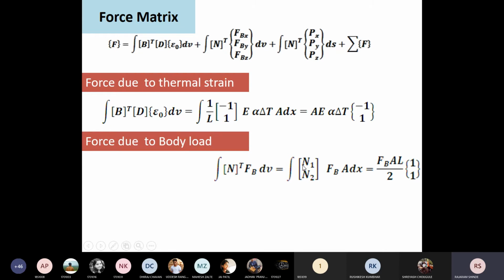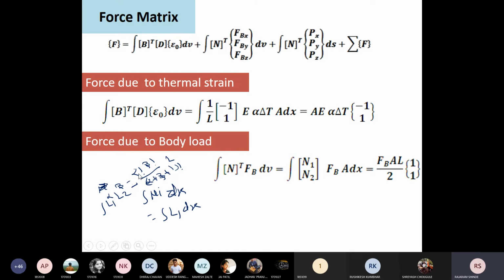Now the integration of N1 is the integration of L1 over dx, and you compare this with the integration of L1 raised to alpha, L2 raised to beta, equal to alpha factorial, beta factorial divided by alpha plus beta plus 1 factorial into L. So when we compare, alpha is equal to 1, beta is equal to 0.